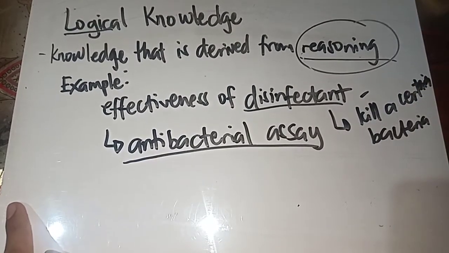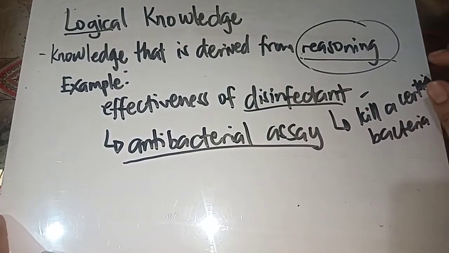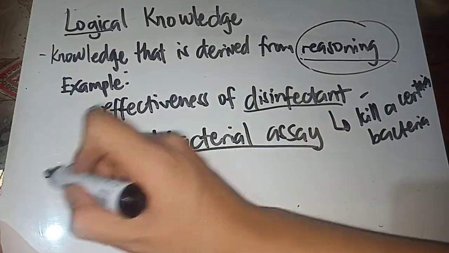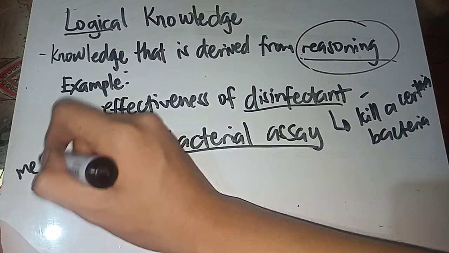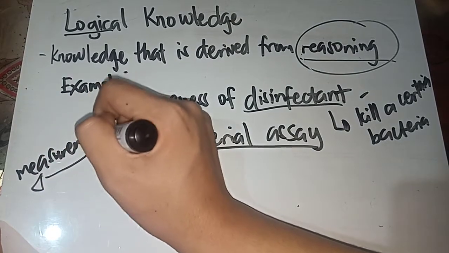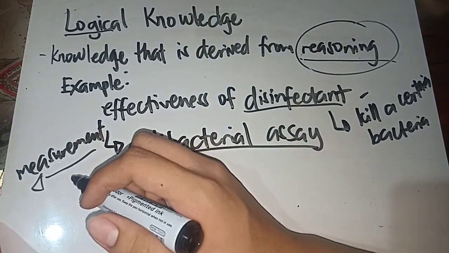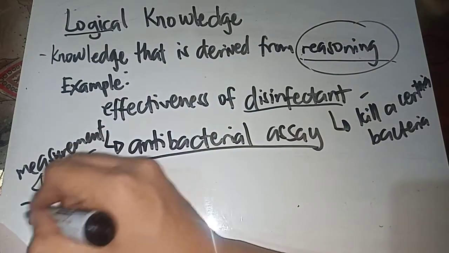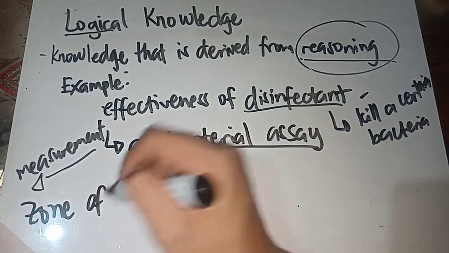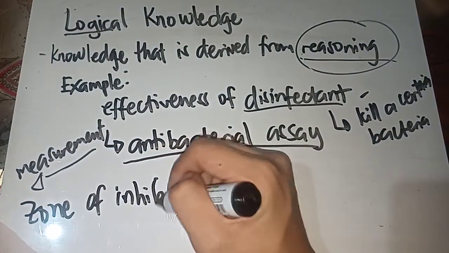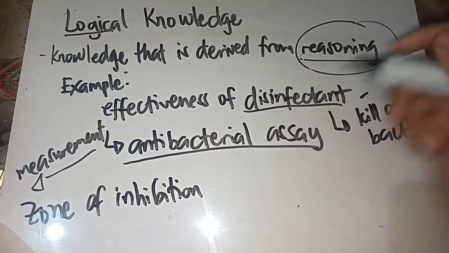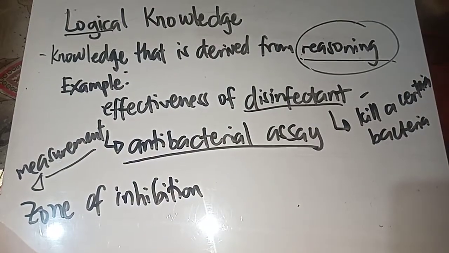Okay. Now, this antibacterial assay will use a measurement. And that measurement will be known as the zone of inhibition. So what do we mean by the zone of inhibition?